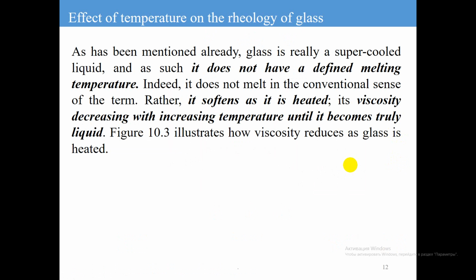As has been mentioned already, glass is really a supercooled liquid, and as such it doesn't have a defined melting temperature. Indeed, it doesn't melt in the conventional sense of the term.